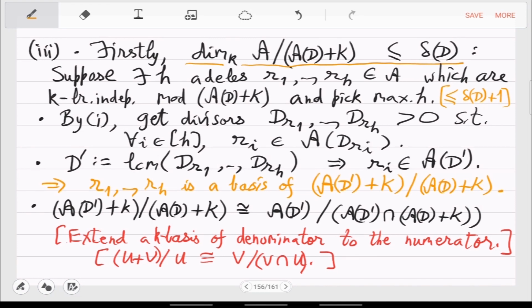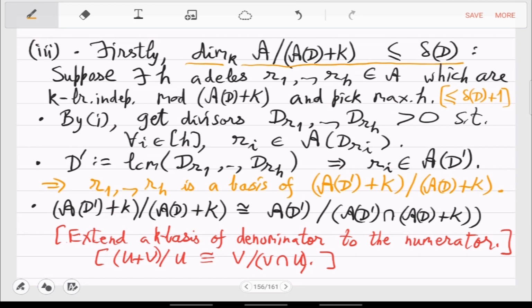So this can be the definition of H. Maximum you can go up to delta D plus 1, and we will show that actually you cannot. You can only go up to delta D. So you will show two things at once. You will show that basis is finite, dimension is finite, and delta D is an upper bound. This proof will prove the two things simultaneously.